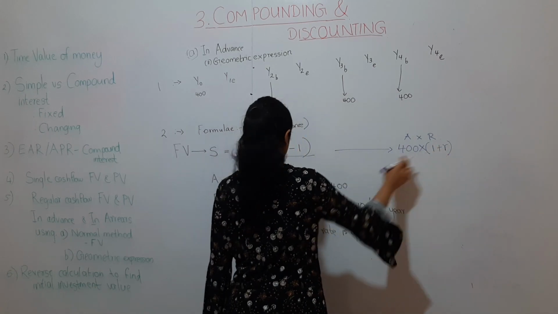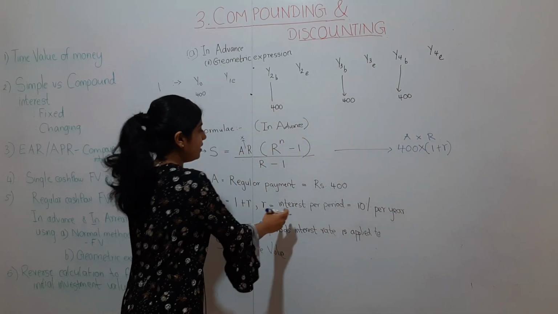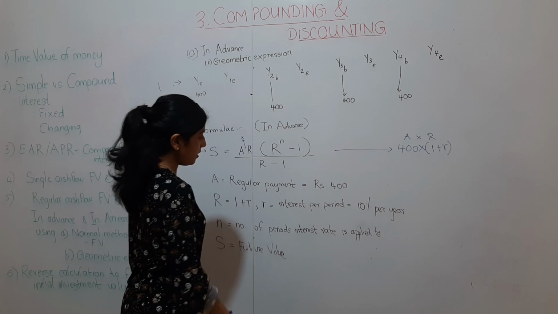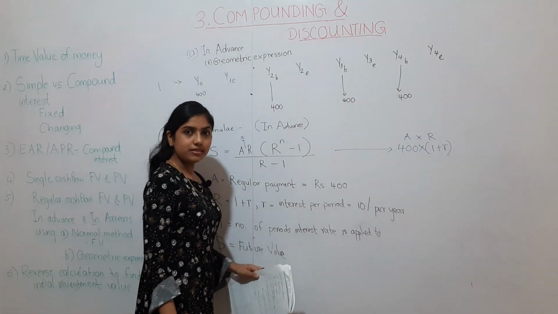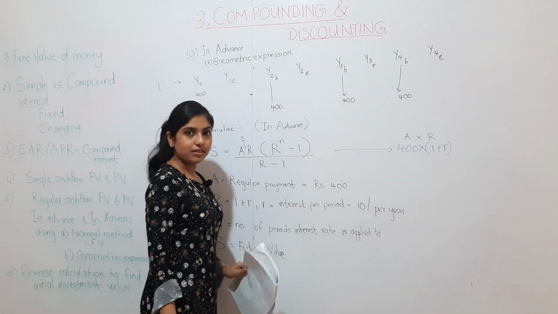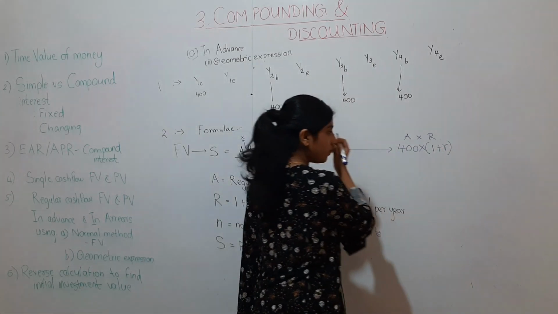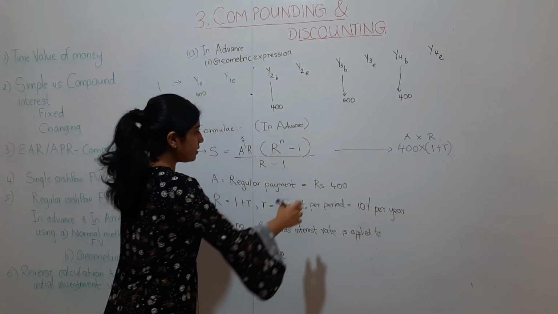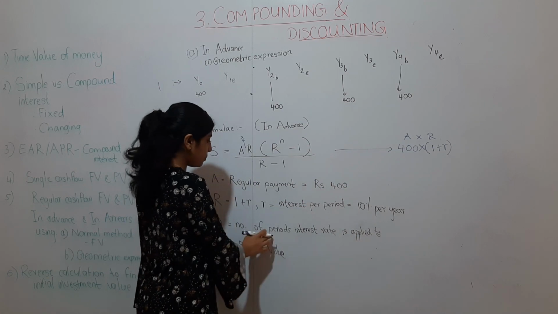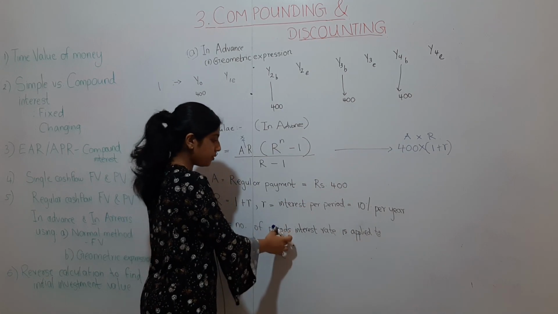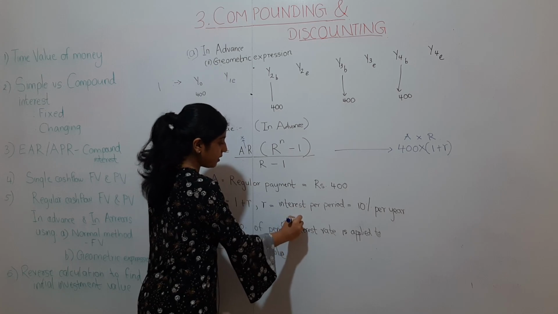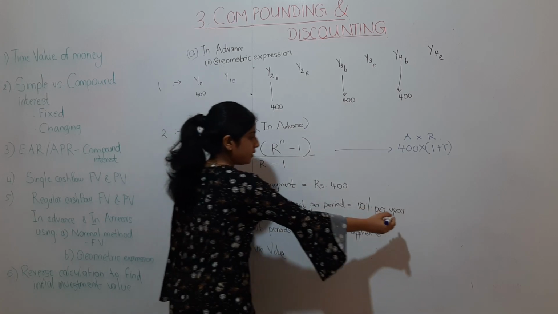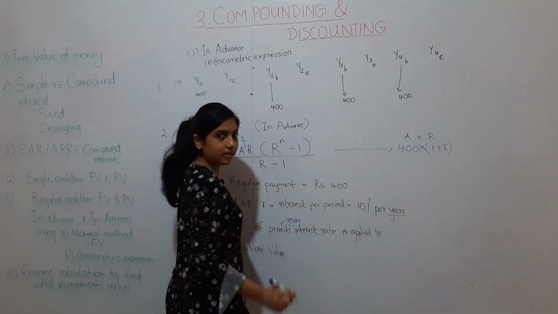We know r is the interest per period. According to this question, what is the interest per period? 10% per year. So the number of periods should also be in years, because interest is in years.